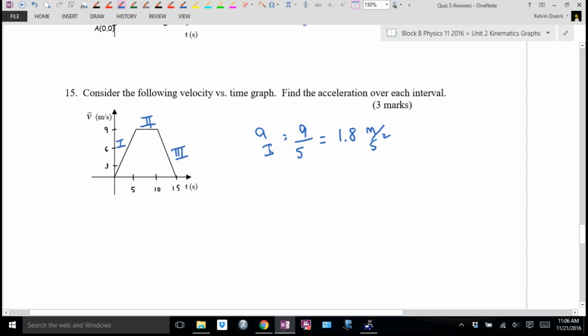The acceleration over interval 2, I can do in my head: 0 meters per second squared. The acceleration over interval 3 is going to be negative, also 9 over 5. So negative 1.8 meters per second squared. 1 mark for each of those.